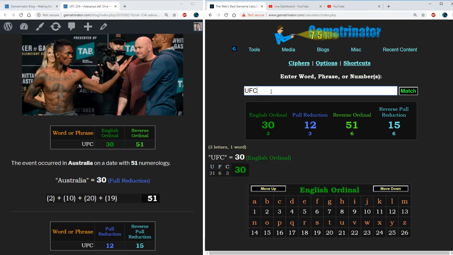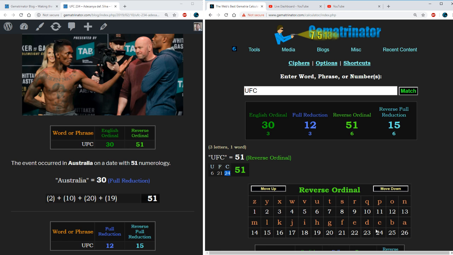Let's start out with the gematria of UFC, Ultimate Fighting Championship abbreviated. In the alphabetic order, UFC sums to 30: U the 21st letter, F the 6th, and C the 3rd. In the reverse alphabetic order, UFC equals 51. Here, U gets the number 6 because it's the 6th from the end of the alphabet.